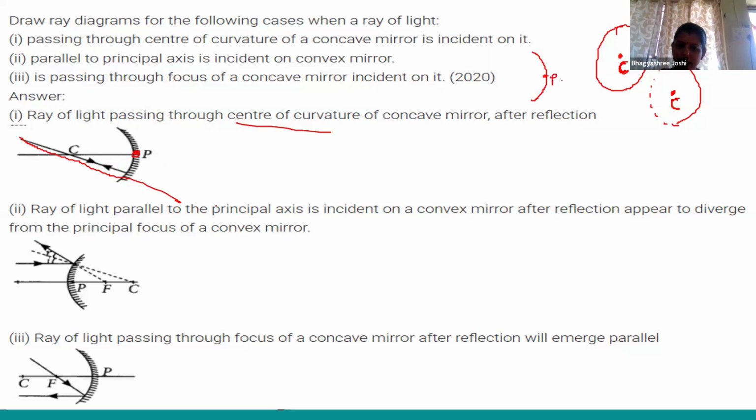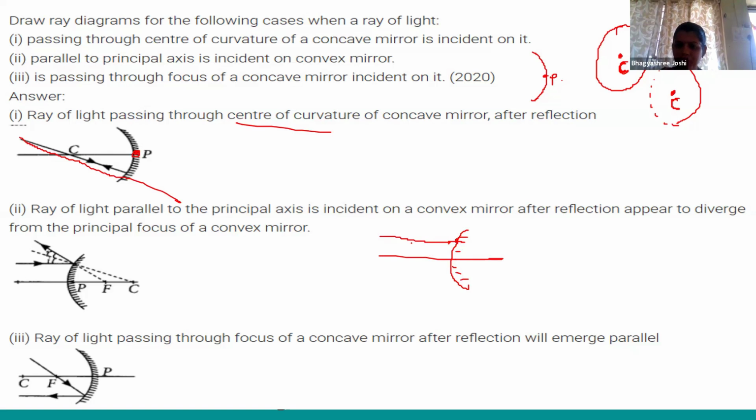A ray of light parallel to the principal axis is incident on the convex mirror. After reflection it appears to diverge from the principal focus of the convex mirror. So here we are taking a convex mirror, unlike the concave mirror. The convex mirror is like this, and this part is the reflecting surface, and the light is parallel to the principal axis.